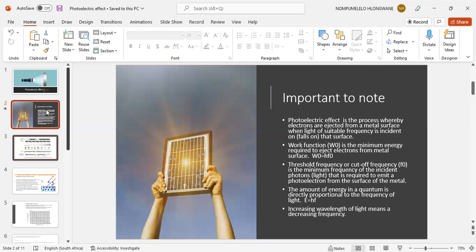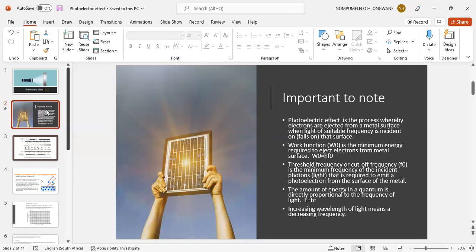It is like the work function, but here we are talking about frequency, while in the work function we are talking about minimum energy. What you also need to know is that the amount of energy in a quantum is directly proportional to the frequency of light.